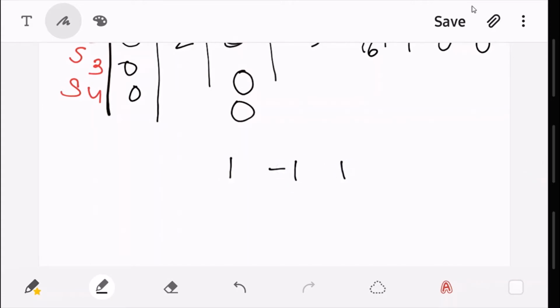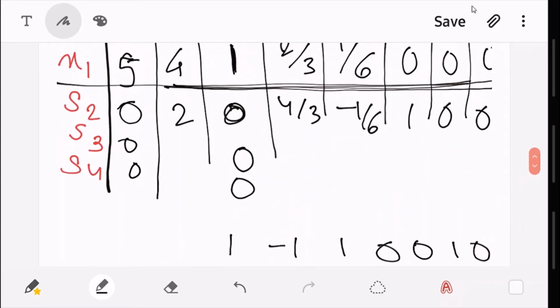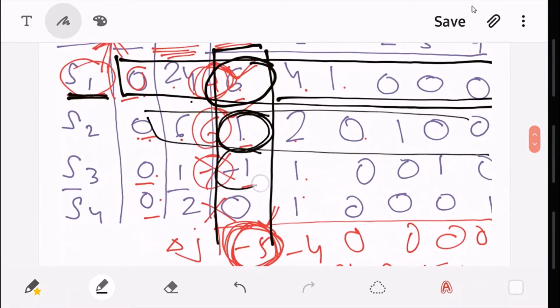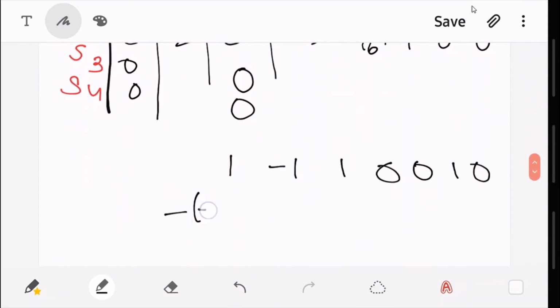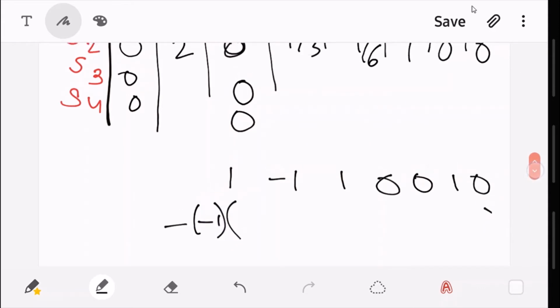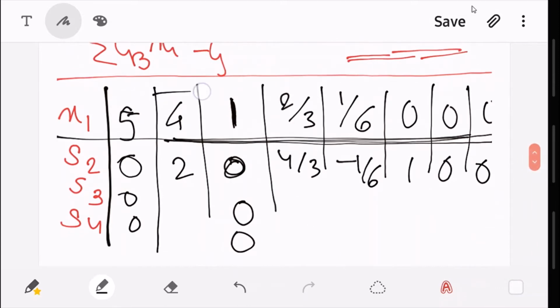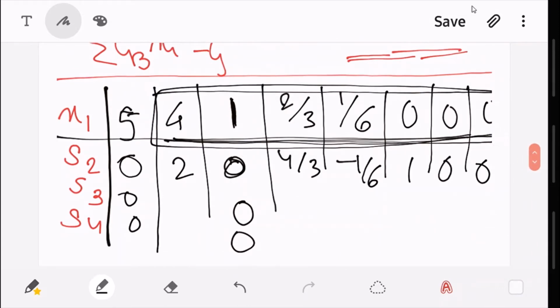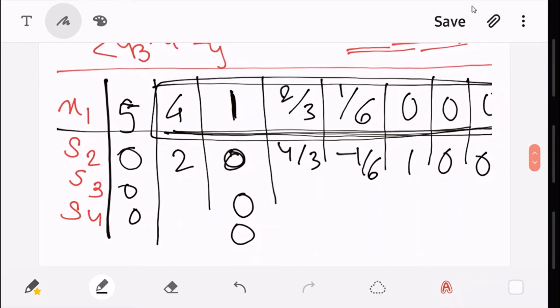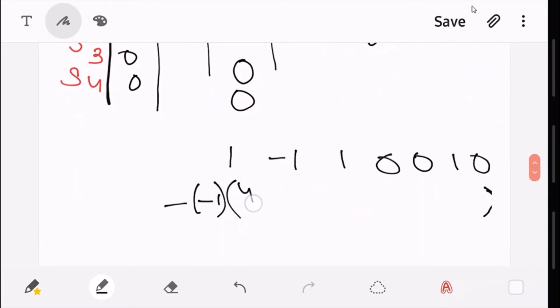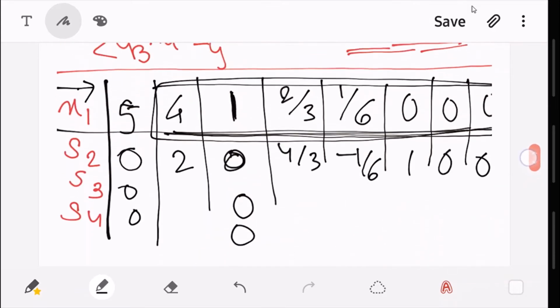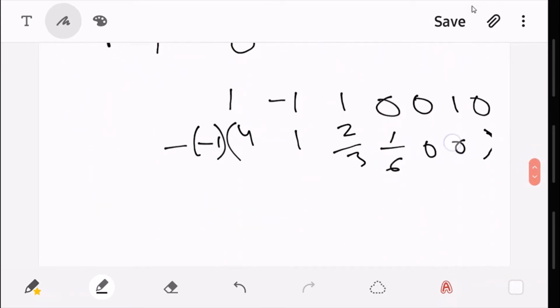The entering variable column coefficient is minus 1, so here I will be multiplying minus 1 to this part which I had written first, the entering row, because this has entered right now. So 4, 1, 2 by 3, 1 by 6, 0, 0, 0.